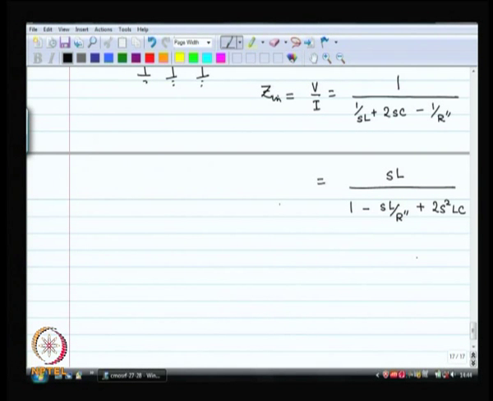So, you have got a 0 at S equal to 0, which is okay, but you have got 2 poles in this system, and it is not difficult to see that the two poles are going to be on the right half plane. Right, that is where the two poles are, they are on the right half plane.